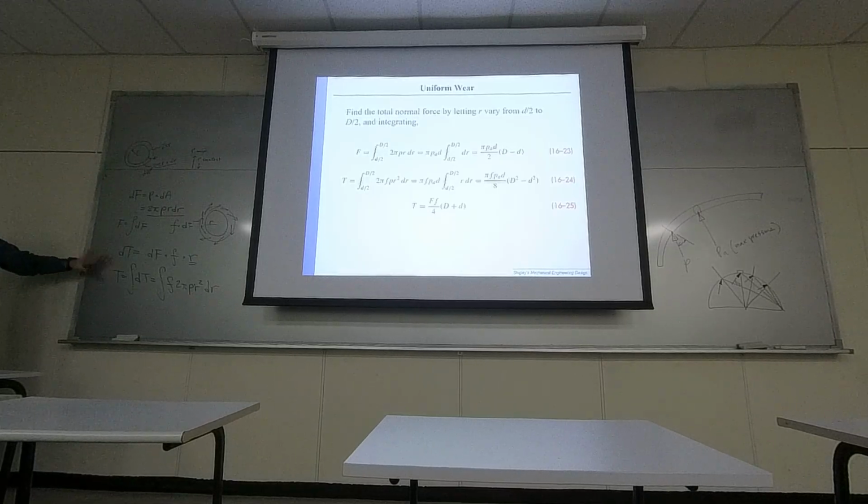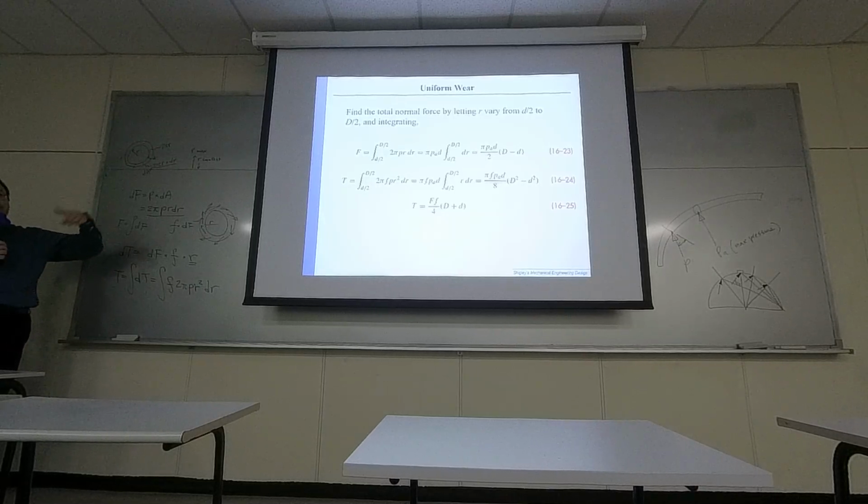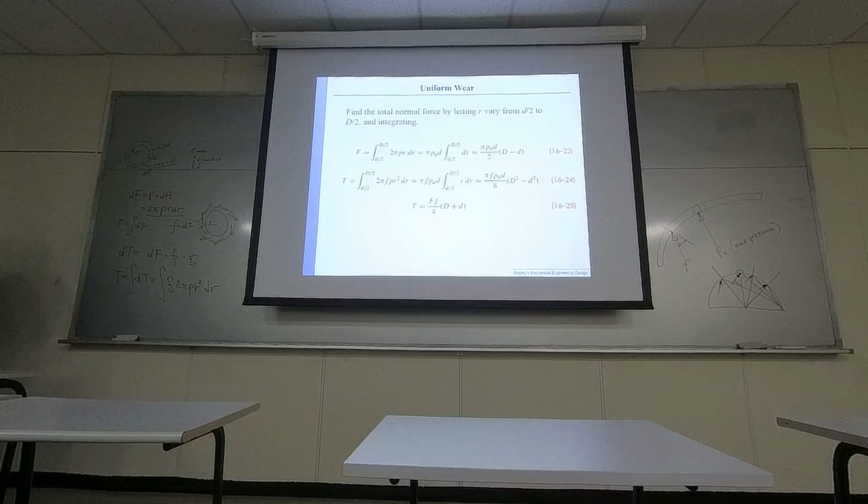T is the total torque generated due to the friction force for the entire ring. And the rest are just calculation.